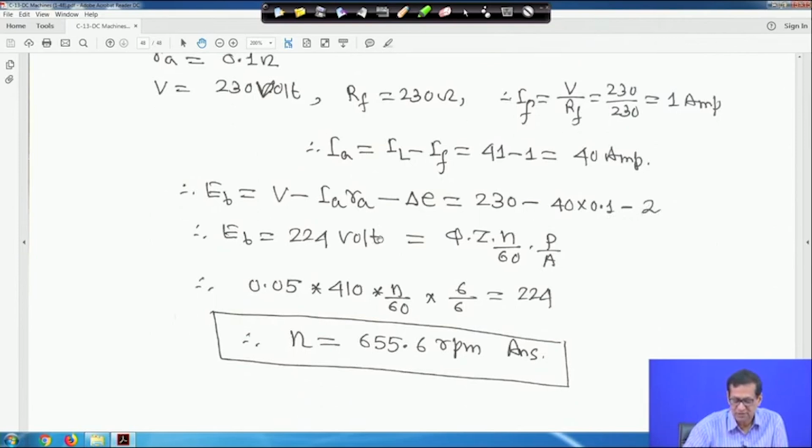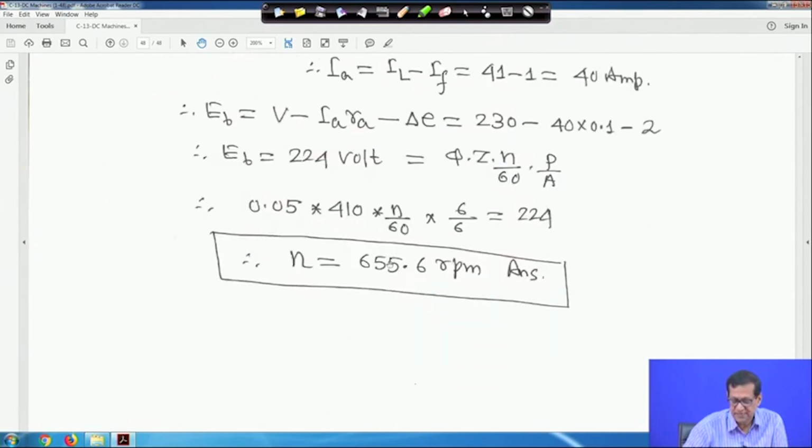So, EB is equal to 224 volt and we also know EB is equal to phi Z n by 60 into P by A. So, phi is 0.05 Weber, Z is 410, n by 60, P is lap connection so A is equal to P, so 6 by 6, is equal to 224. Therefore, n is equal to 655.6 rpm, right. So, this is the answer.